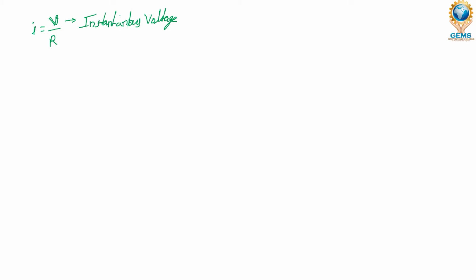We already saw in the previous slide that small v equals Vm sin omega t, and small i equals Im sin omega t.